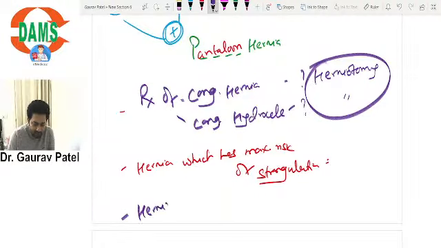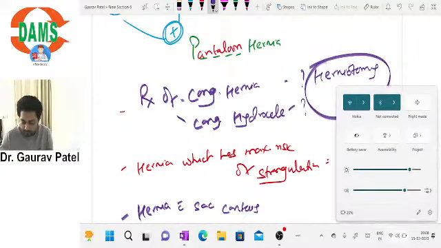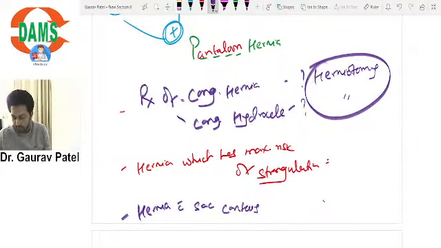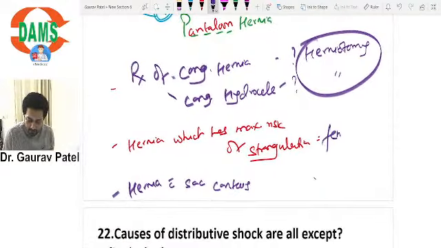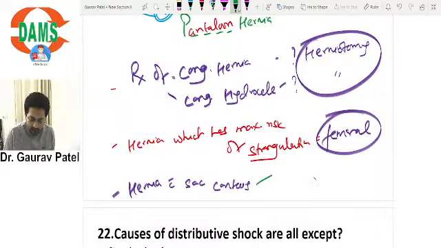Yes, femoral hernia has the maximum risk. Very good, very nice. Hernia when the sac contains appendix, what is the name of that hernia?